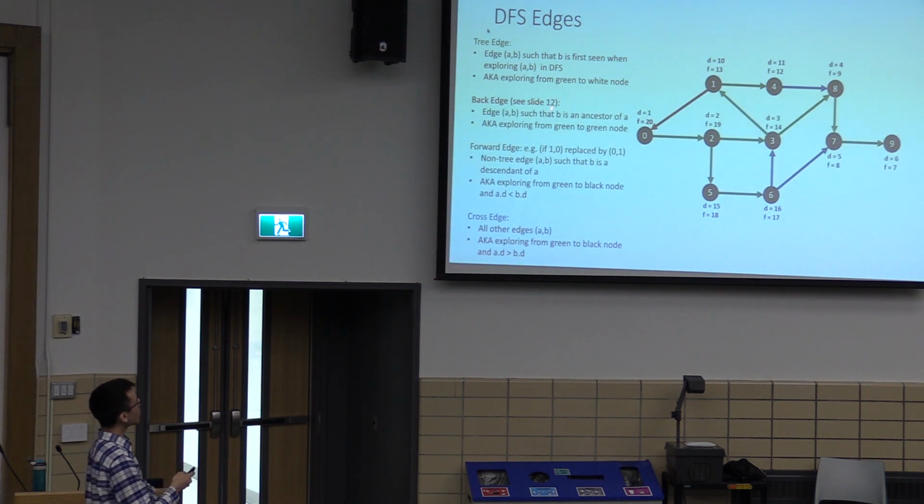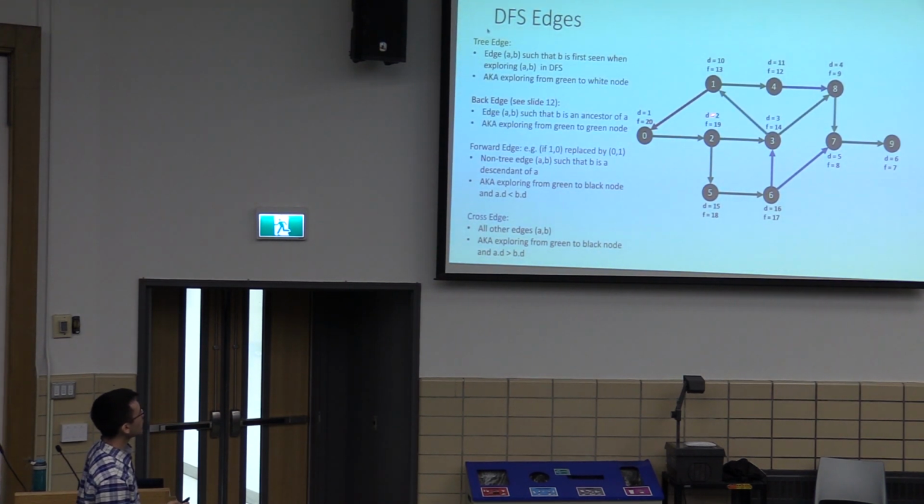And if you look at slide 12, if you go back to that, you'll see that that is where we can notice that we made a back edge. Okay? So that's the back edge. And then there are a couple other edges that correspond to other types. So there's no forward edge in this graph.